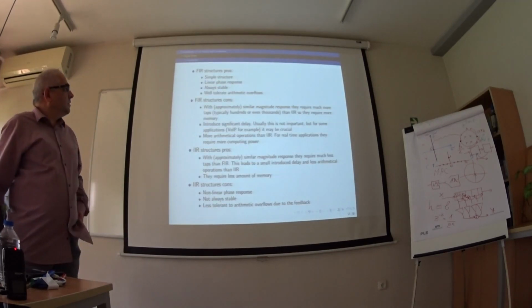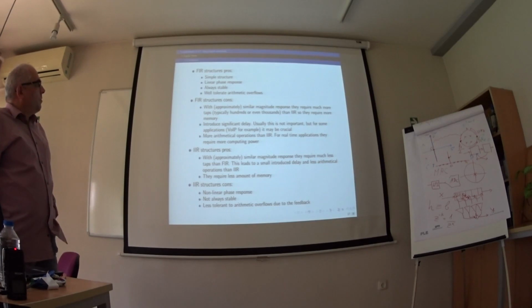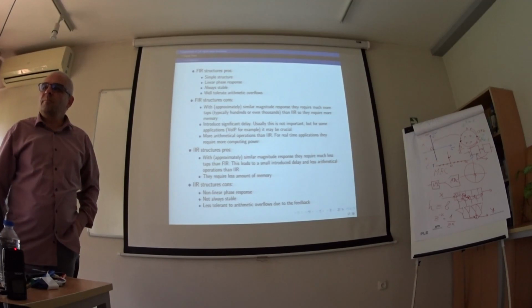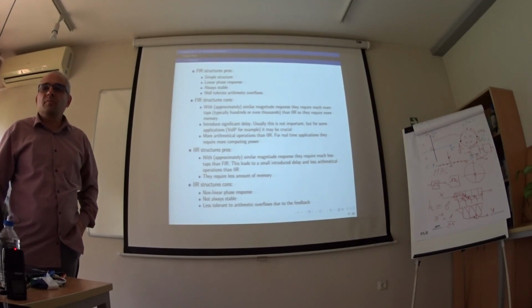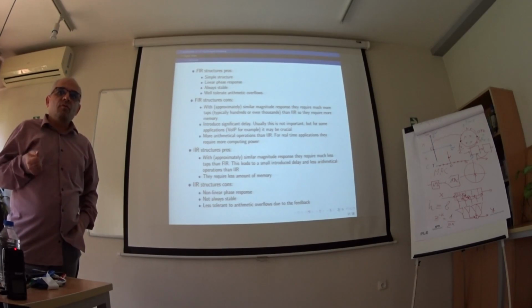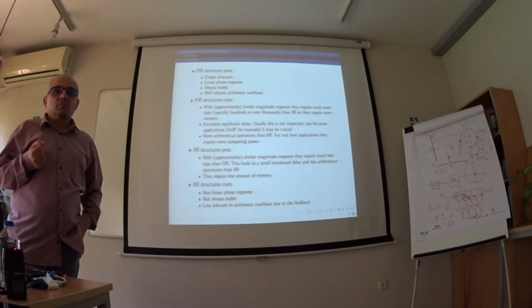Here we can compare FIR and IIR structures. FIR is simple, has linear phase response, is always stable, and can tolerate arithmetic overflows, whereas IIR structures may have problems because of the feedback. If we have an arithmetic overflow, it will continue because of the feedback.